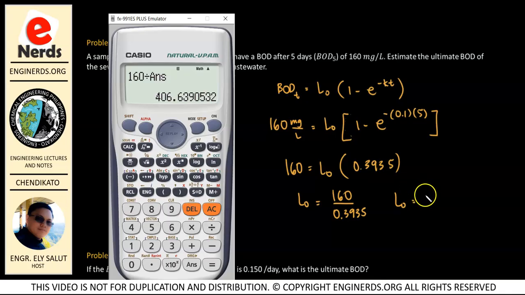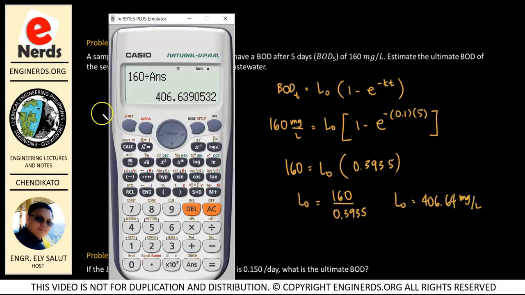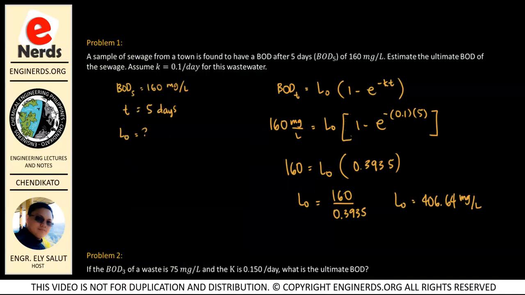So, we have 406.64 milligrams per liter. Okay, so check natin ulit. 406.64 milligrams per liter. So, that's our final answer, no? Nakuha na natin yung ultimate BOD.